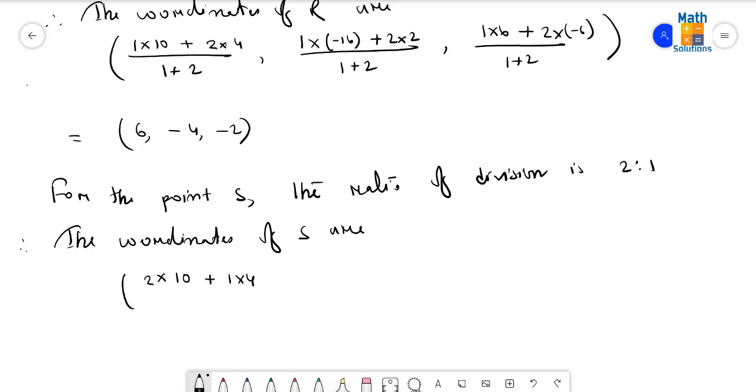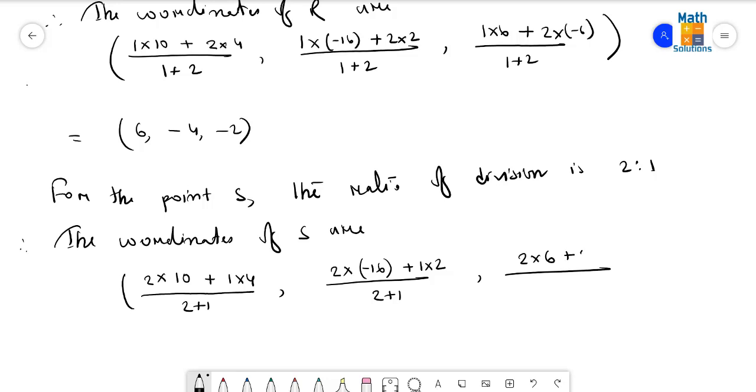The reverse case we need to consider here. Then after, (2 × -16 + 1 × 2)/(2 + 1). Then after, (2 × 6 + 1 × -6)/(2 + 1). And the values will be 8, -10, 2 on simplification. So these are the answers.